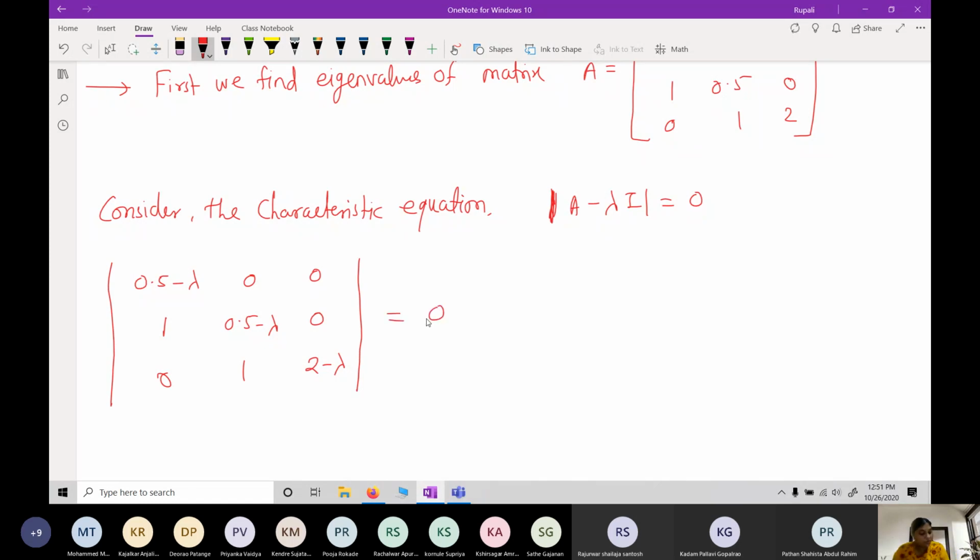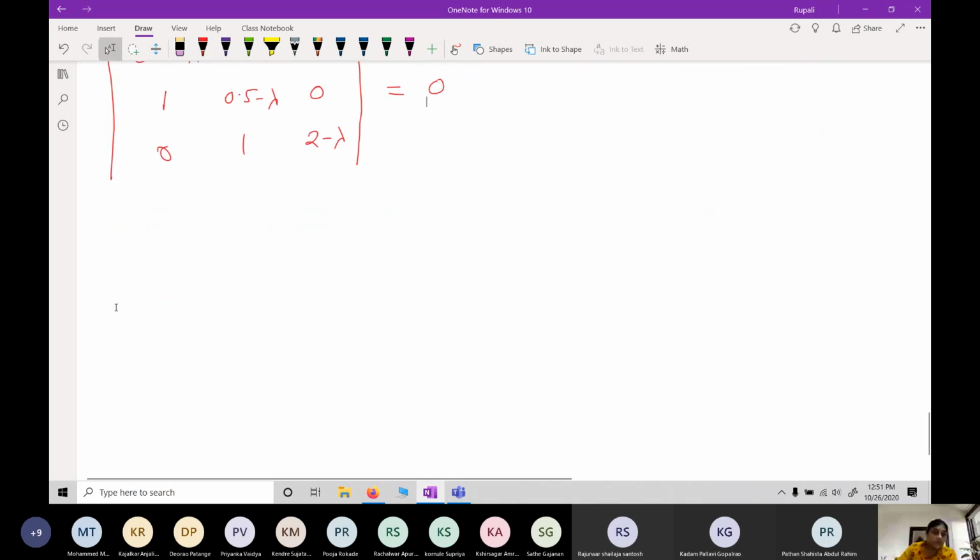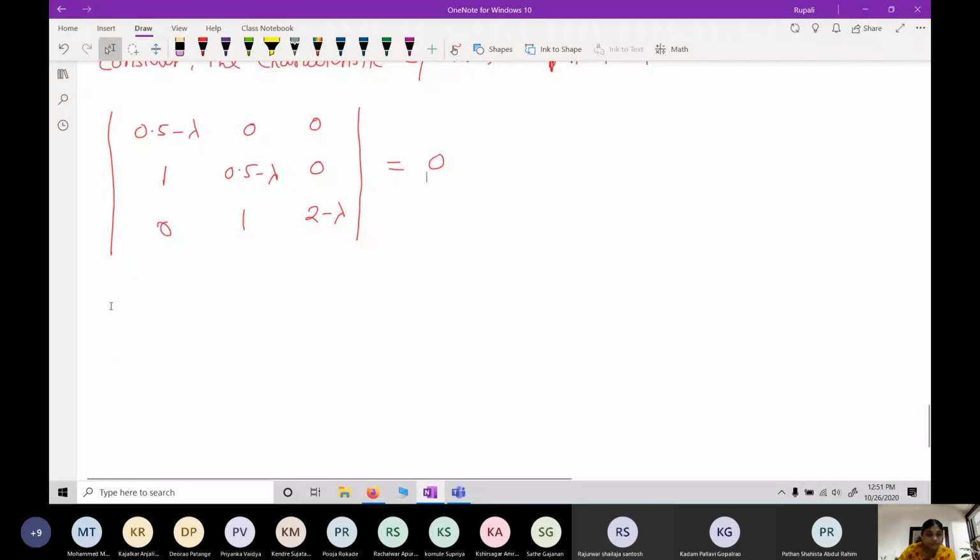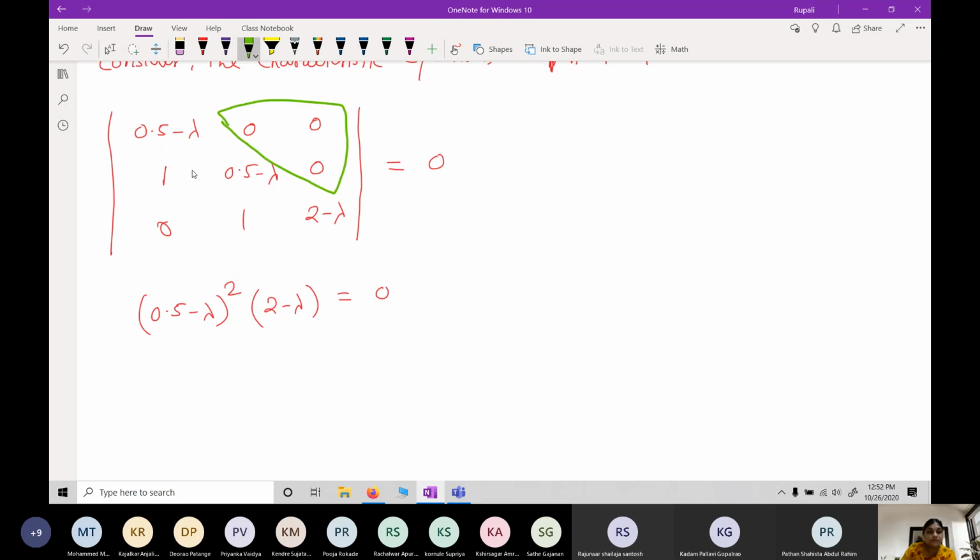Solve this determinant. What is the determinant? 0.5 minus lambda whole square into 2 minus lambda is equal to 0. You can see here, this is a triangular matrix again.